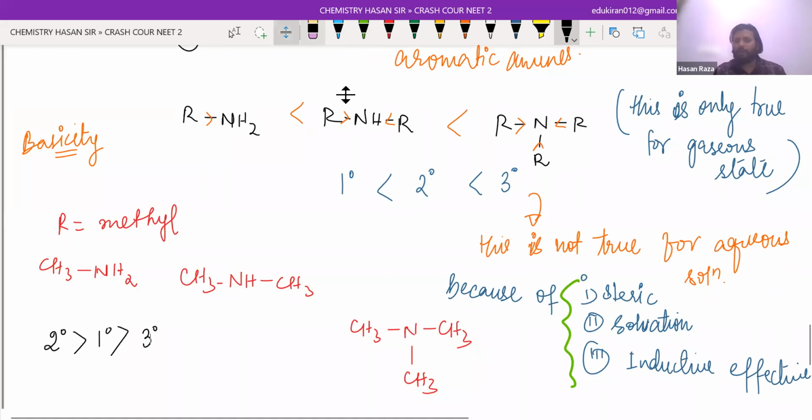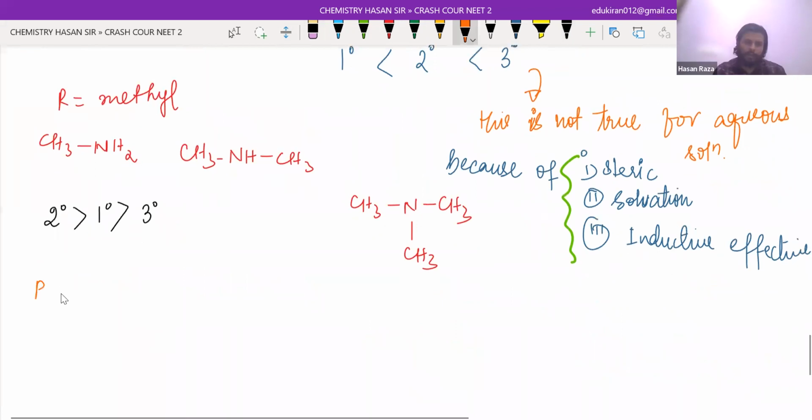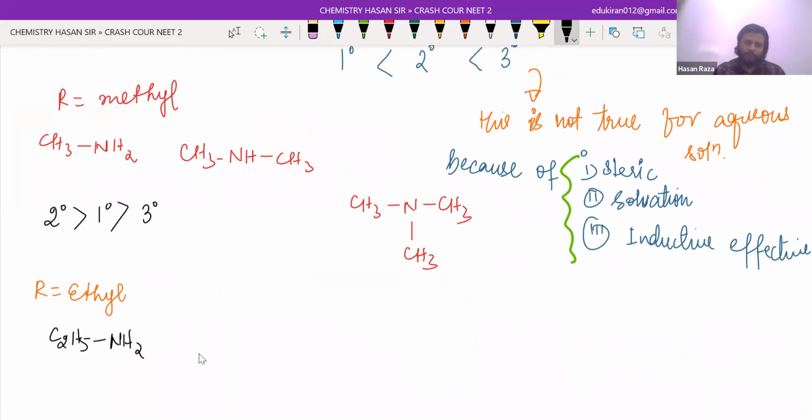But when you apply the same thing in ethyl, if your R is ethyl, that means C2H5NH2, then C2H5 NH C2H5, and then C2H5 N (C2H5)2.